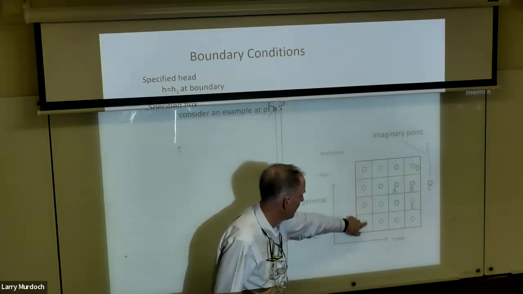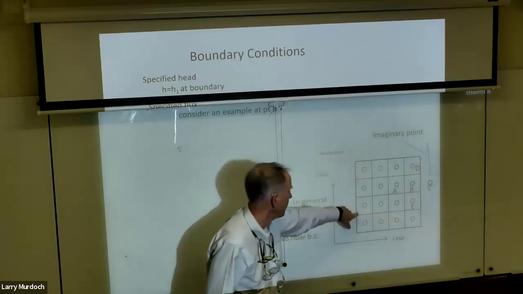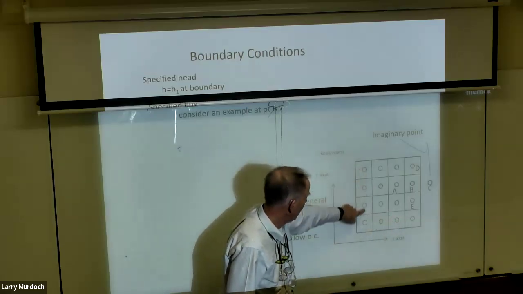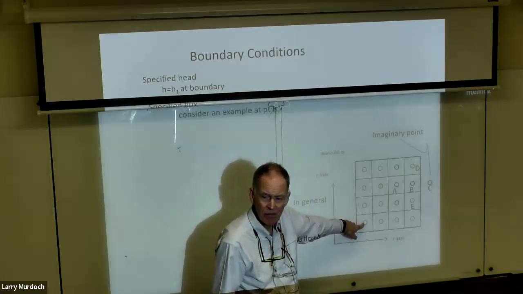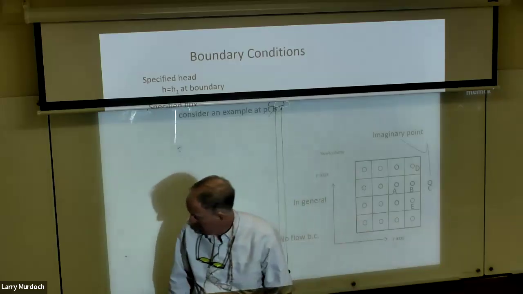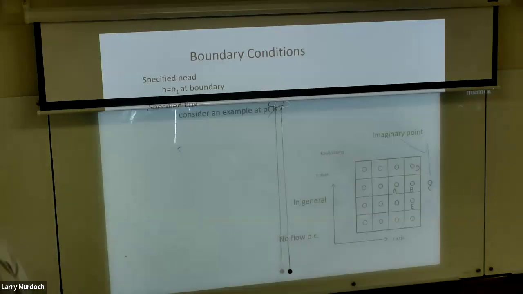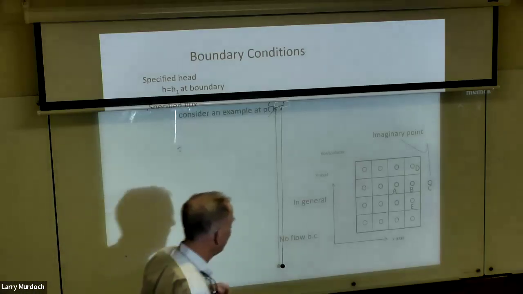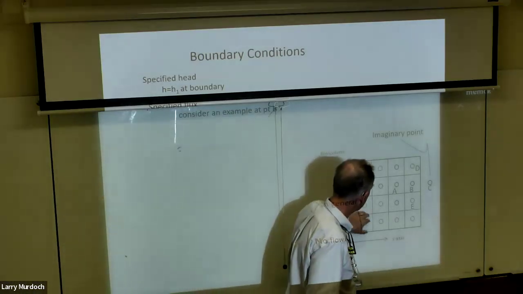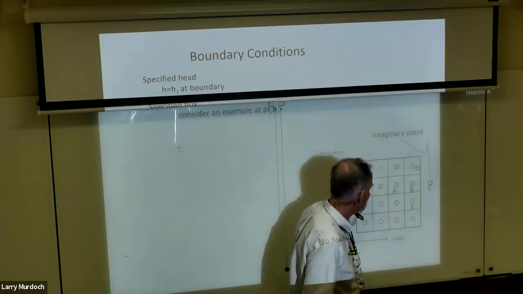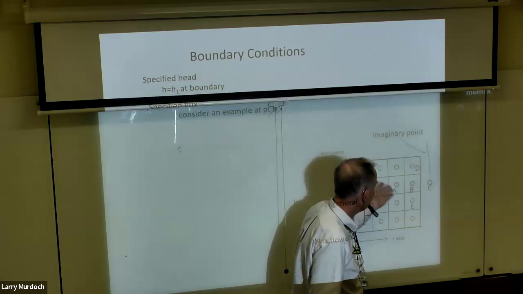The exterior points also need equations. Where we have a constant head boundary, that's easy. We just have a simple equation where we can specify what the hydraulic head is. But for no flow conditions, we can't specify what the head is per se, so we need a different strategy.